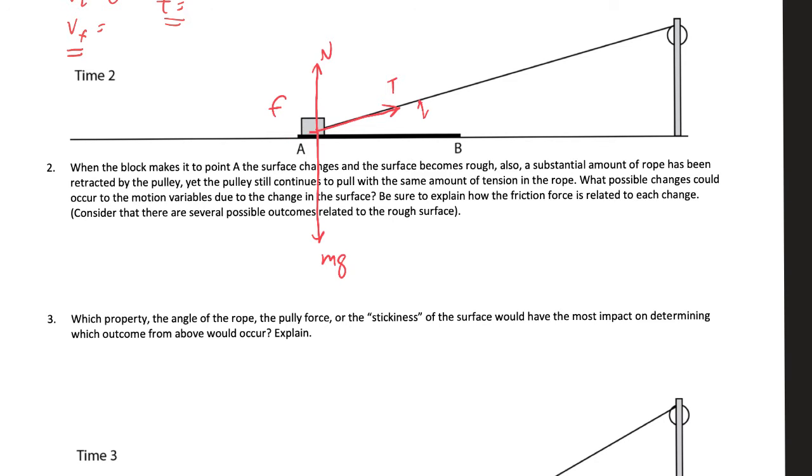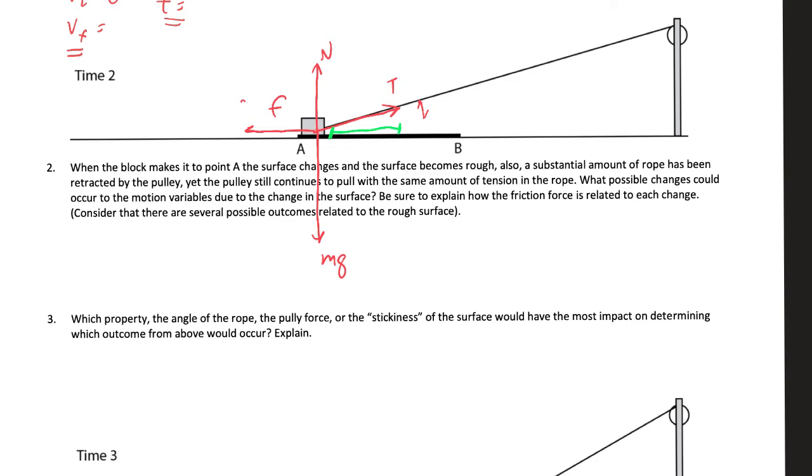There could be the situation where the frictional force nearly matches the horizontal part of the tension. Basically, I'm looking at this part where this length here is about the same as this length here. In that case, the net force would be pretty close to 0 and it wouldn't be accelerating.